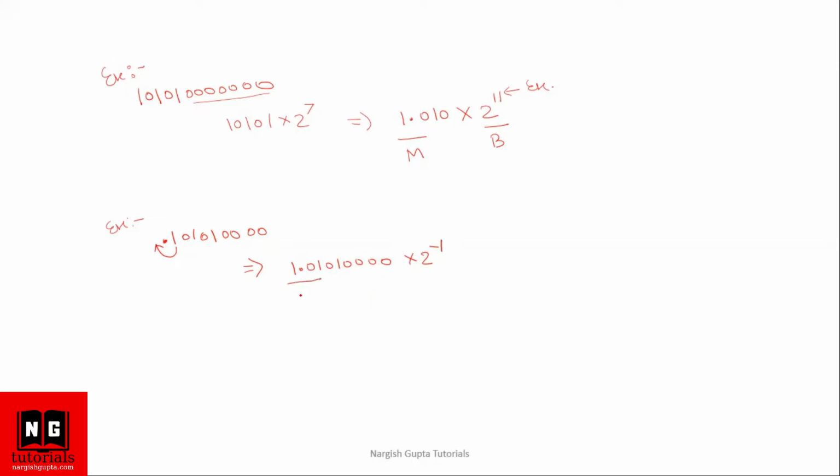So again here this is the mantissa, this is the base, and this is the exponent. This is what normalization and floating point representation is.